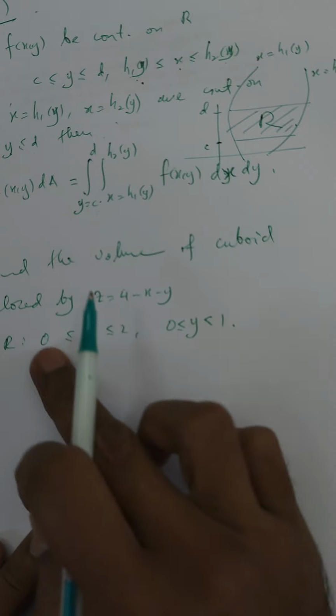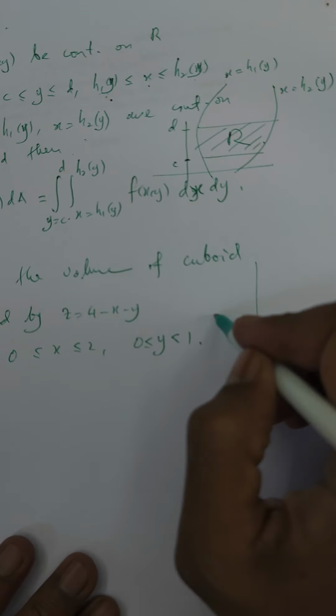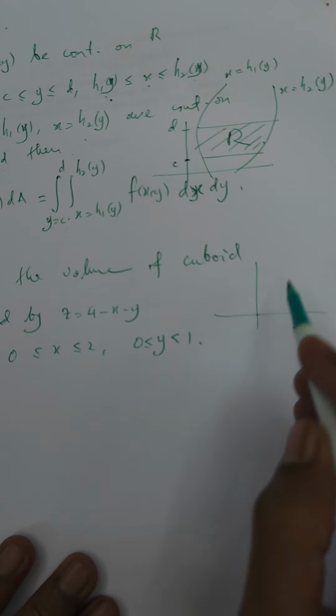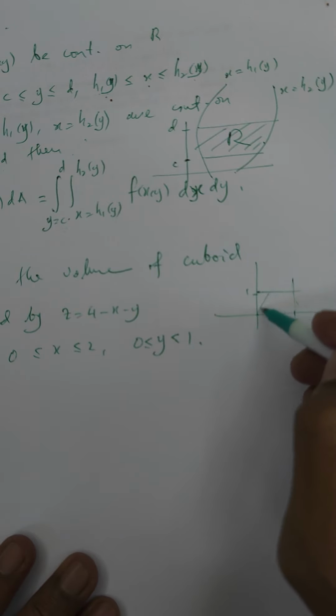So if we sketch the region R, we have x from 0 to 2, y from 0 to 1. So this is our region.